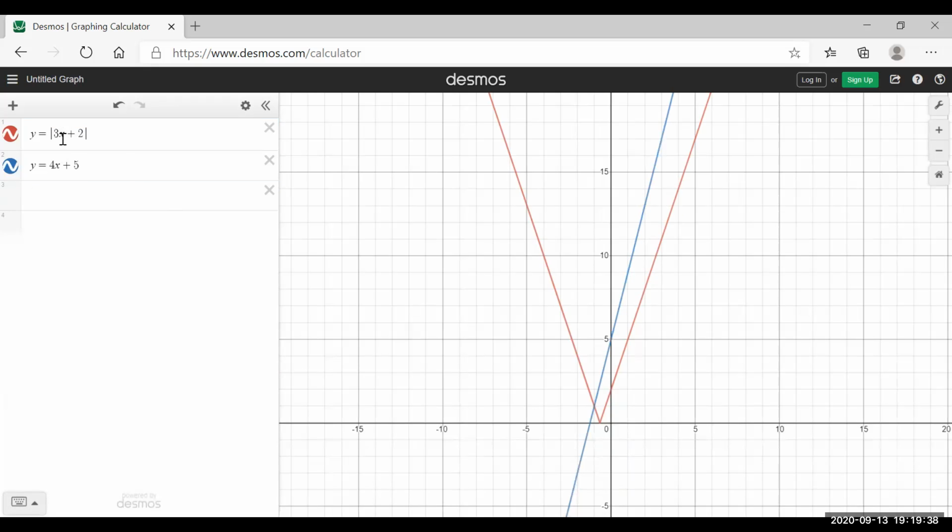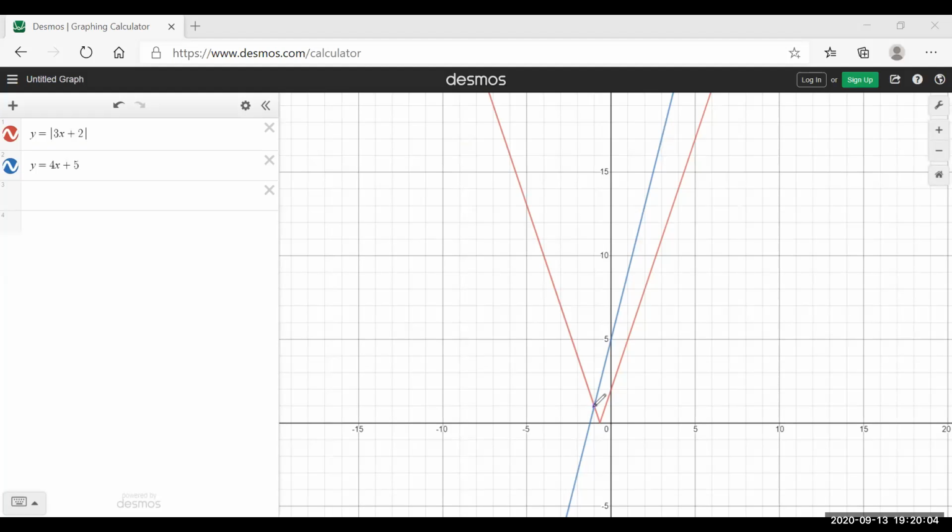So let's look here. Notice our left equation is absolute value, so we have a V shape. That is our red graph. And notice 4x plus 5, the right-hand side, is a line. So let's look at the graph, okay? Again, we are looking for the points of intersection. And where do we actually have the point of intersection? We have the point of intersection right here at this point right here.